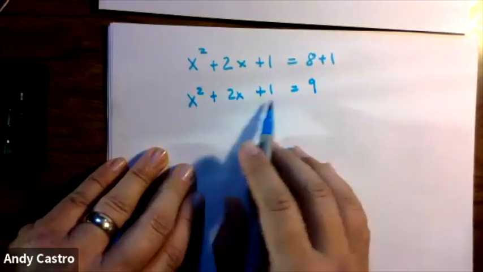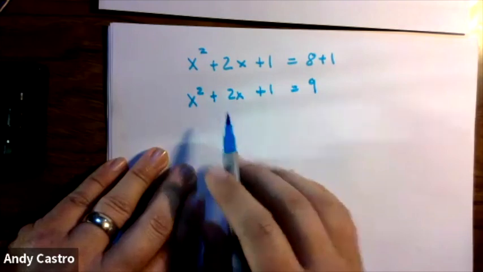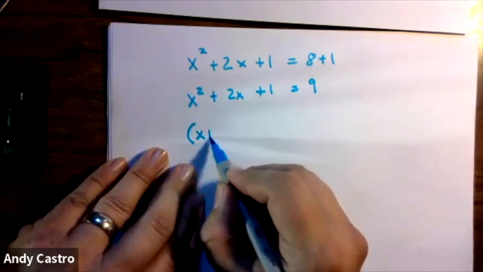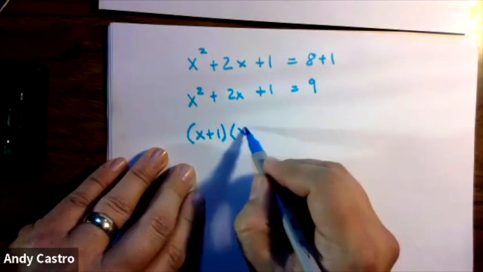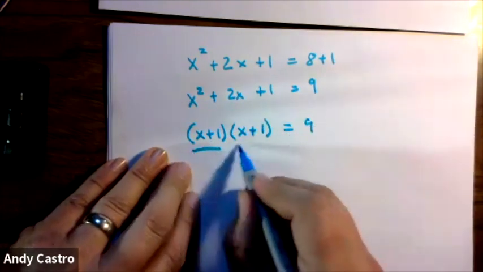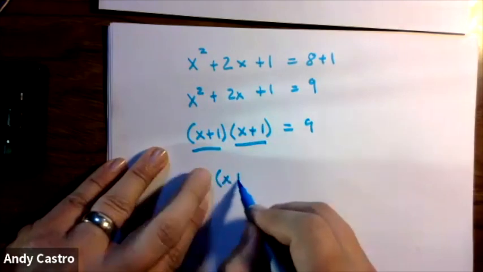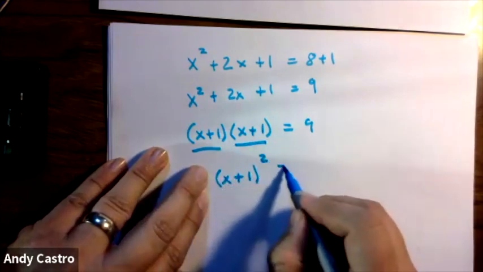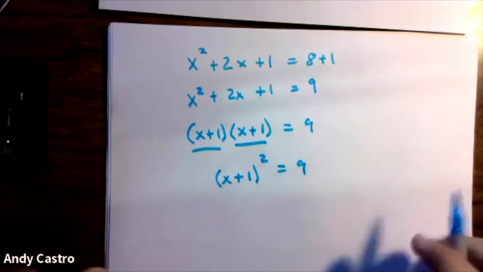Two things that multiply to give me 1 and add to give me 2 is 1. x plus 1 times x plus 1 is x plus 1 quantity squared equal to 9.